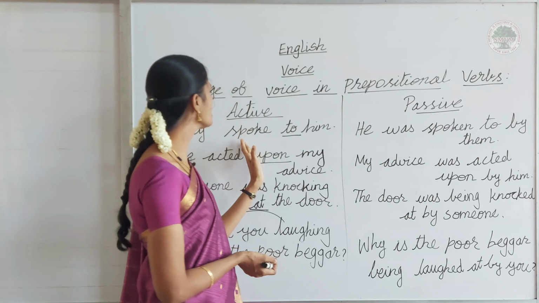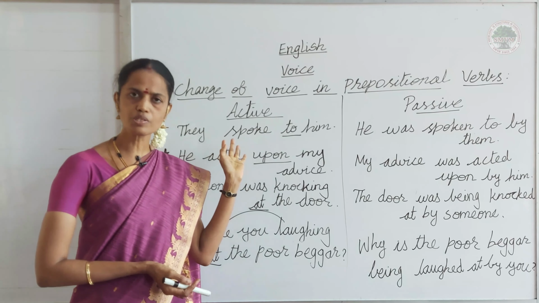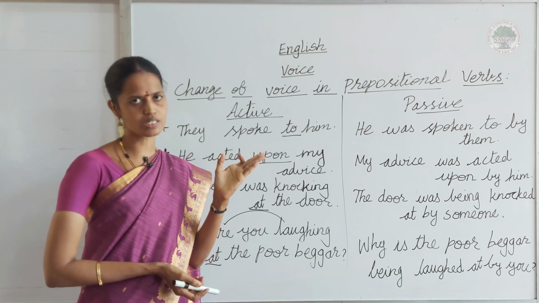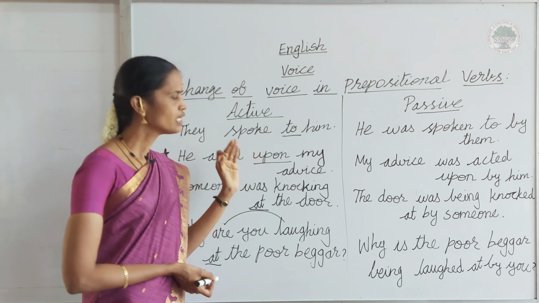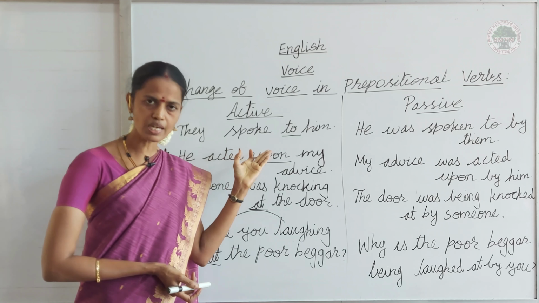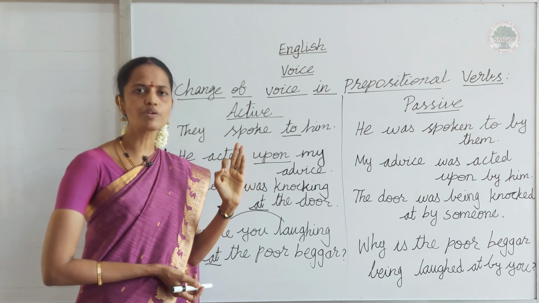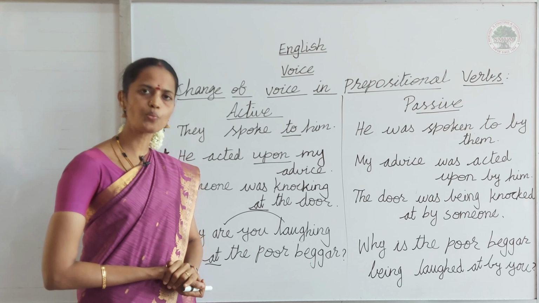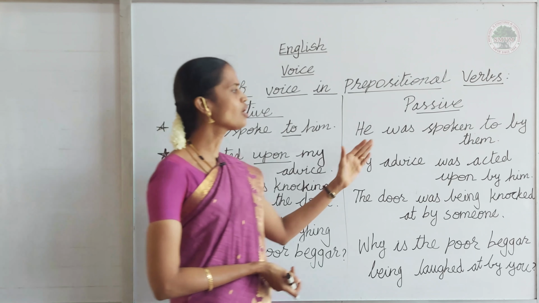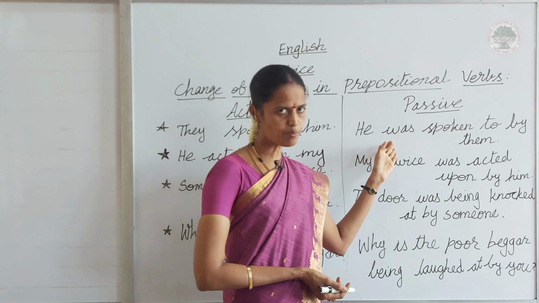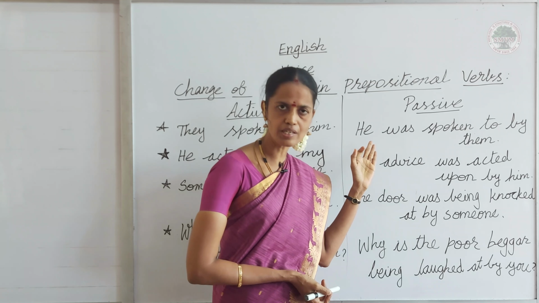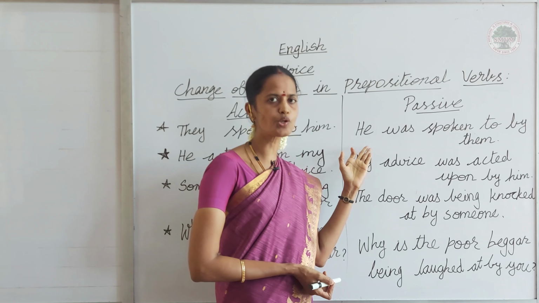Then, what about this "spoke"? What verb is it? The "spoke" is given in the form of past tense. You know very well, the main verb is given in past tense. Which form of be verb do we have to introduce? Either was or were. Isn't it? Here we have used this "was". Why? Because the subject is singular. Especially the subject is third person singular.